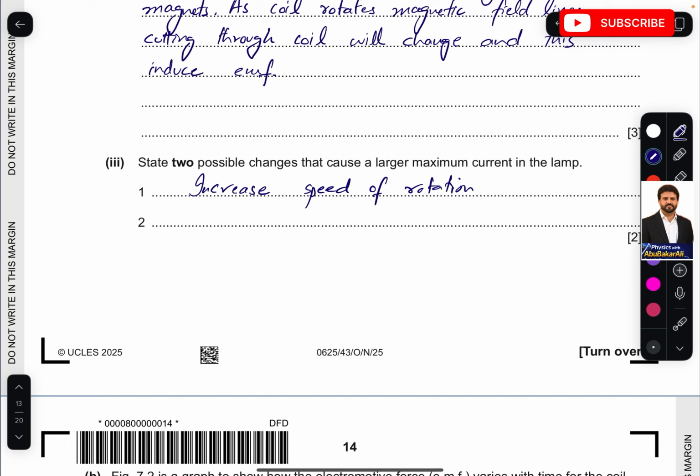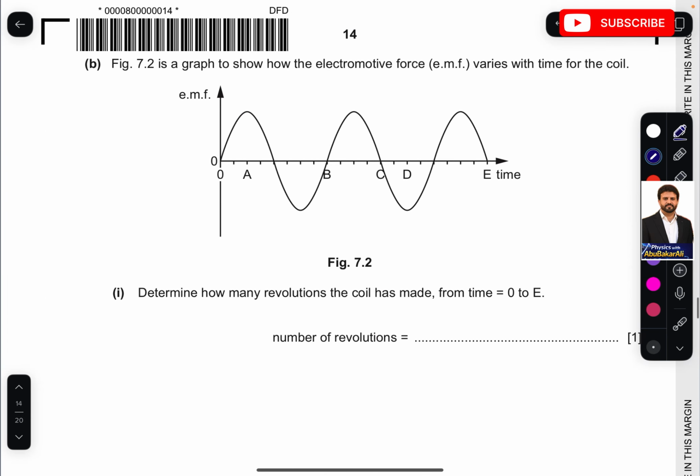If the coil is moving more rapidly, there is more change of magnetic field lines and more EMF will be induced. Secondly, we can increase the number of turns of the coil. That is another way. Okay, let's move forward.